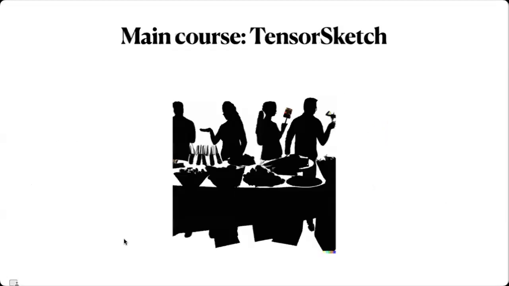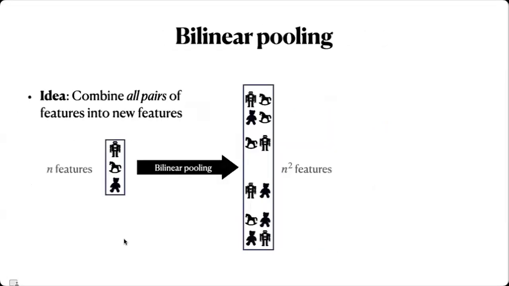So now let's move on to the main course, which is TensorSketch. And to motivate TensorSketch, I'll start by talking about a way of encoding more information or making information more explicit in a vector representation. Let's suppose that we have n features, so it could be counts of different items.